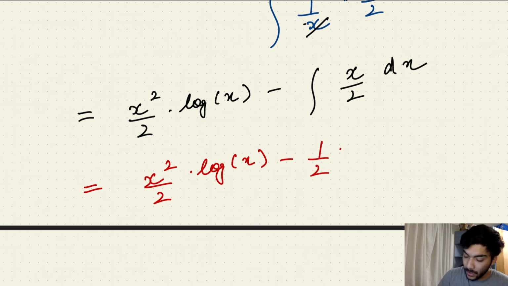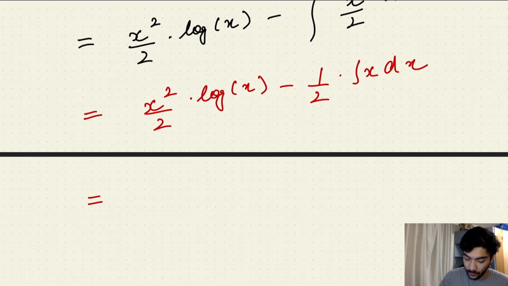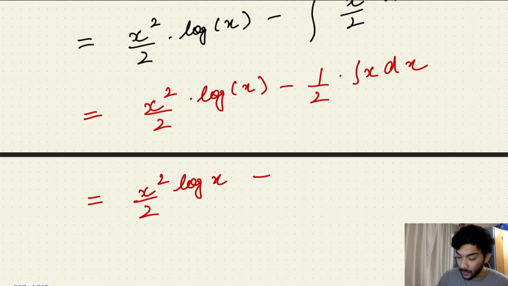Again, the final answer would be x square by 2 log x minus 1 by 2 times the integral of x dx, which is x square by 2 again. So it would be x square by 4, right? Because 1 by 2 times x square by 2 is x square by 4.